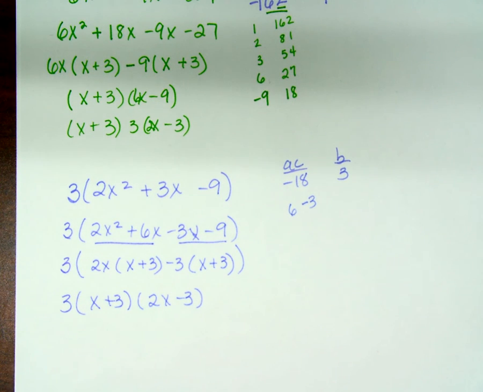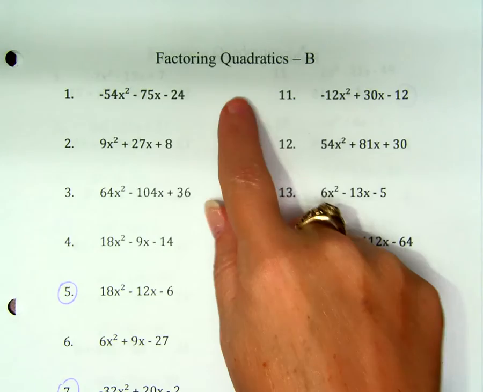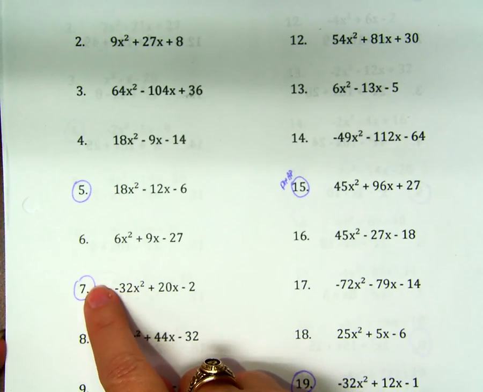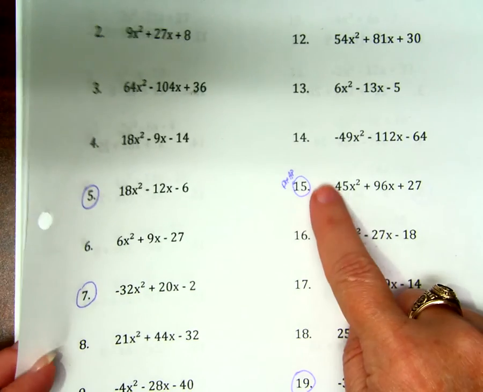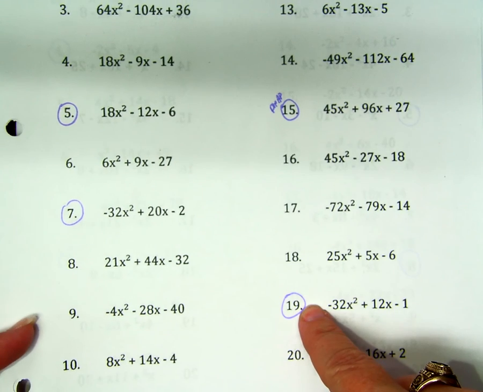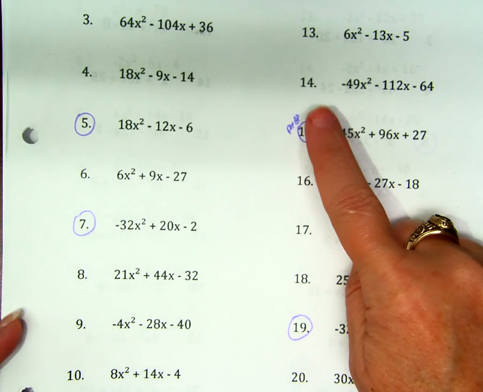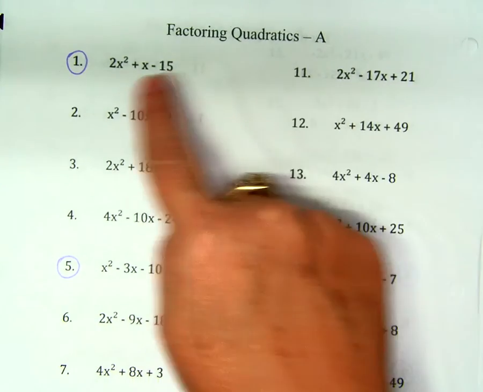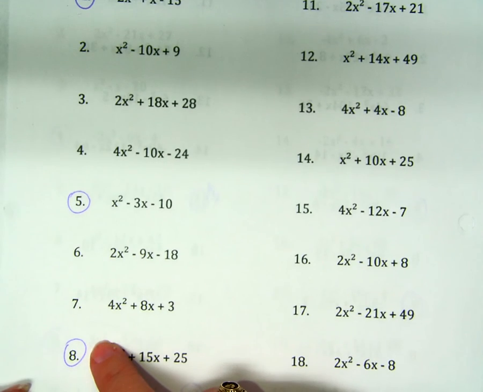Okay? All right. On the worksheets, these are the problems I want you to do. Okay? Factoring quadratics B, I want you to do problems 5, 7. You guys are pre-AP, so I want you to do 15 and 19. If you're watching this and you're not pre-AP, you don't have to do 15. Okay? On the back of that page is factoring quadratics A, and I want you to do 1, 5, and 8.